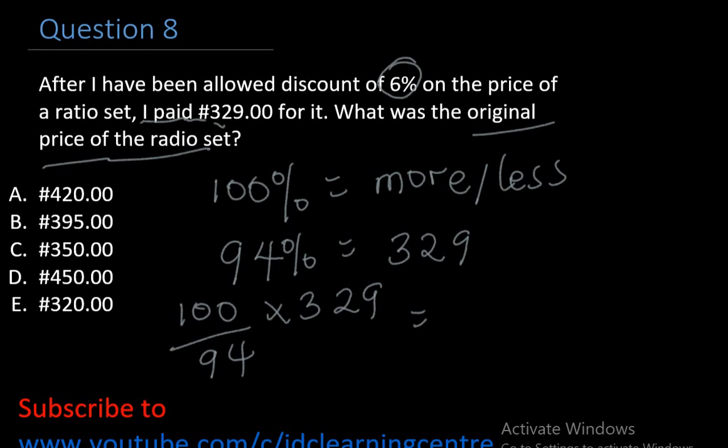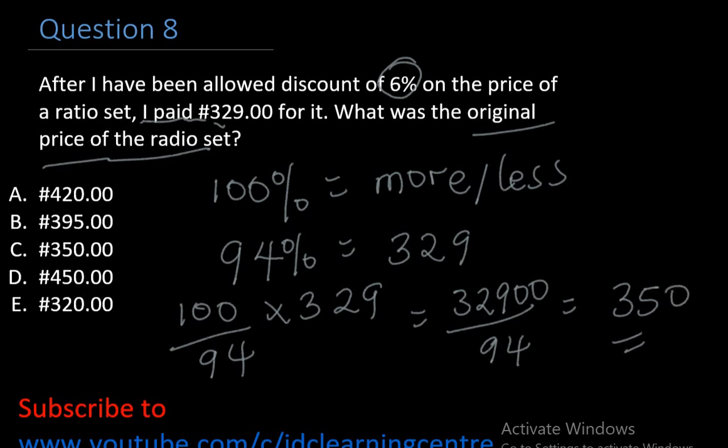So 100 times 329 will give me 32900 divided by 94. Now gently reduce this to the lowest term. If you do, you are going to get 350. So let me use it to test your division skills. Just reduce that, and the right answer will be C.